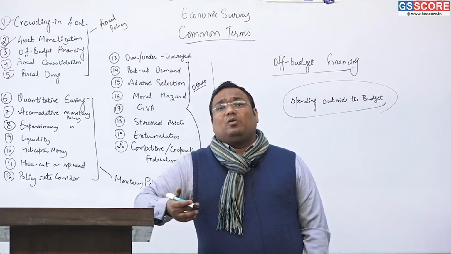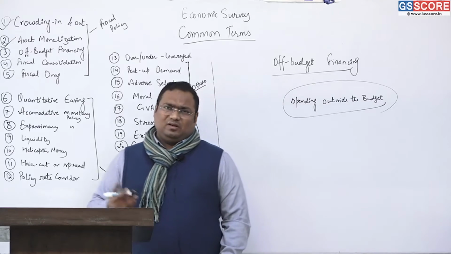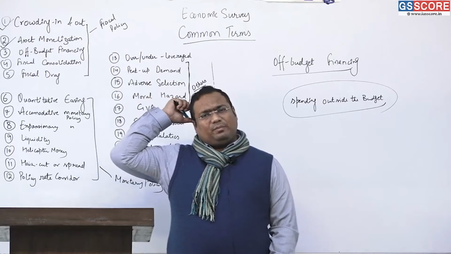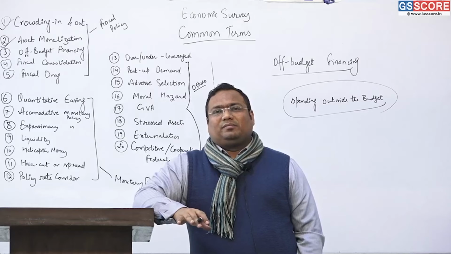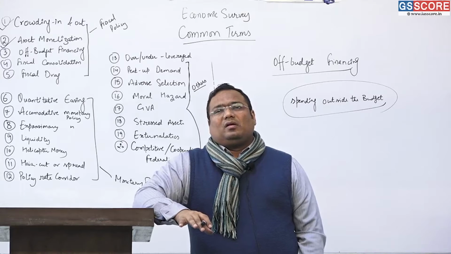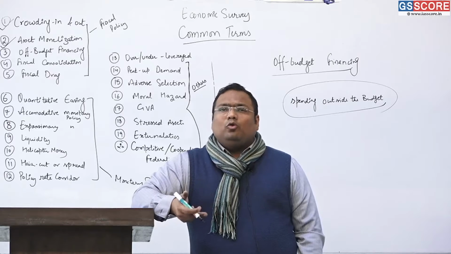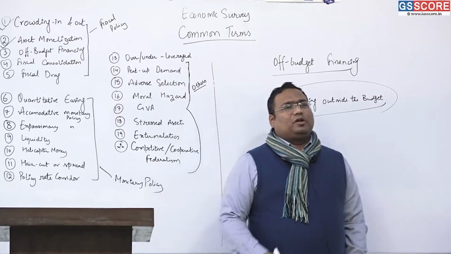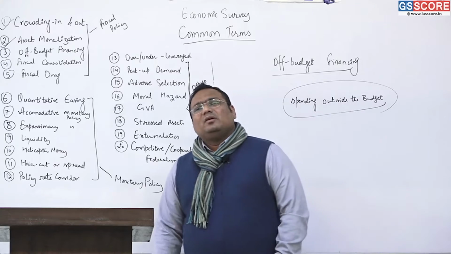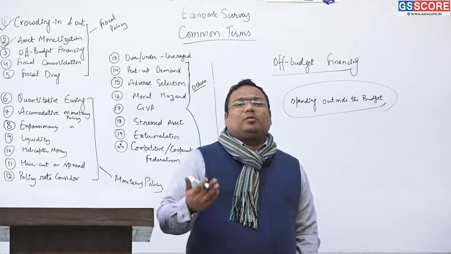Government being promoter of public sector banks or being owner of these nationalized and public sector banks was supposed to provide that capital to the banks. Okay. Now, this amount was not a small amount. This was almost 2 lakh crore rupees that was required by the public sector banks. And government, being owner of the banks, was supposed to provide it.